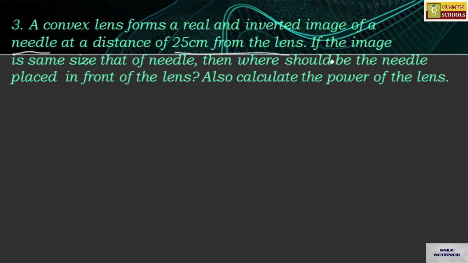If the image is the same size as the needle, then where should the needle be placed in front of the lens? They are asking the object distance is equal to how much, and also calculate the power of the lens.